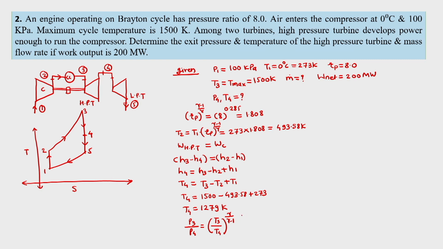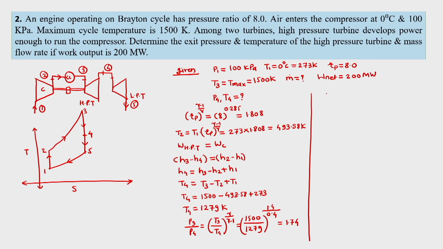If it were pressure, then it is pressure ratio raised to (gamma minus 1) upon gamma, but for temperature ratio it is gamma upon gamma minus 1. So T3 is known to us, it is 1500, and T4 is 1279, bracket raised to 1.4 divided by 0.4. So this turns out to be 1.74.